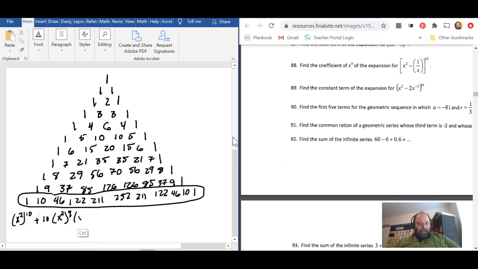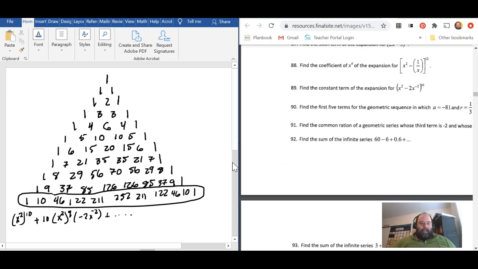There's a negative 2 in there too: negative 2x to the negative 2 to the first, right? And it just keeps going. So this is my construction.